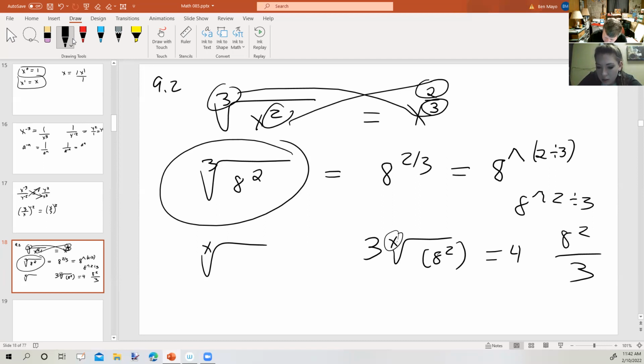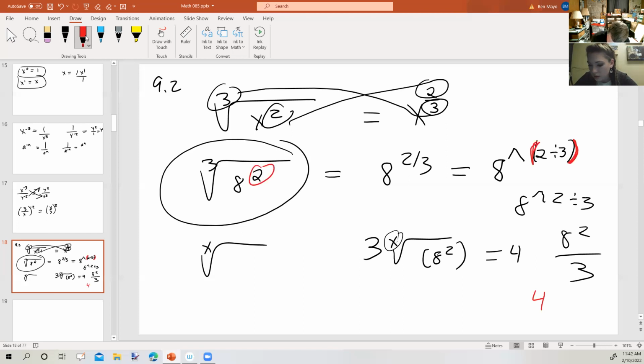So you have to tell the calculator that the 2 divided by 3, that whole thing is the exponent, okay? So if you put in 8 raised to the parentheses 2 divided by 3 power, you should also get 4, provided you write it correctly, unlike I did earlier, okay?